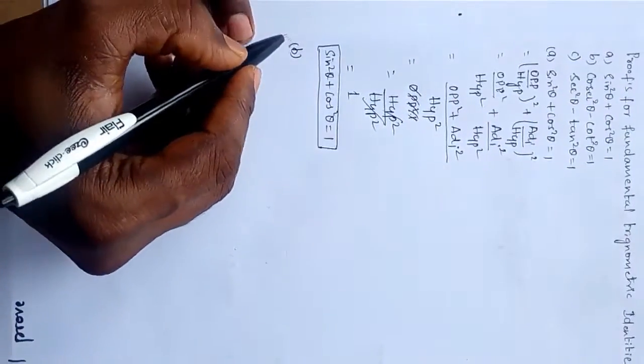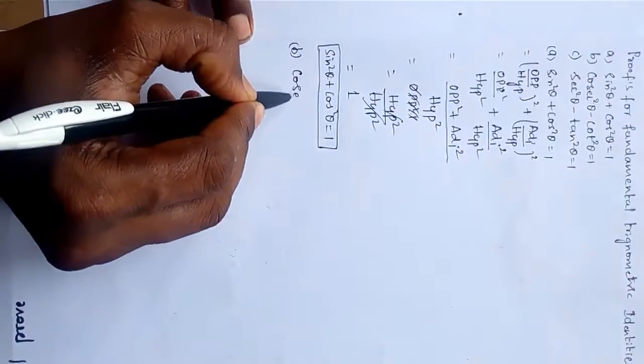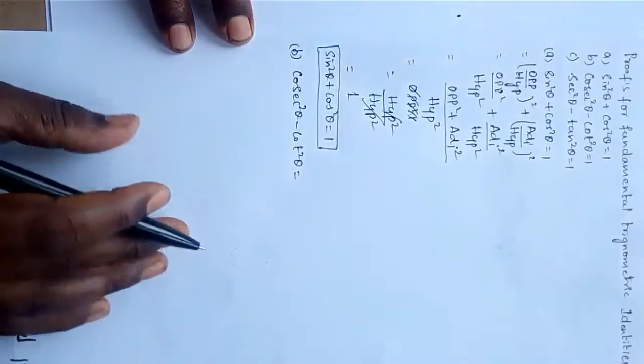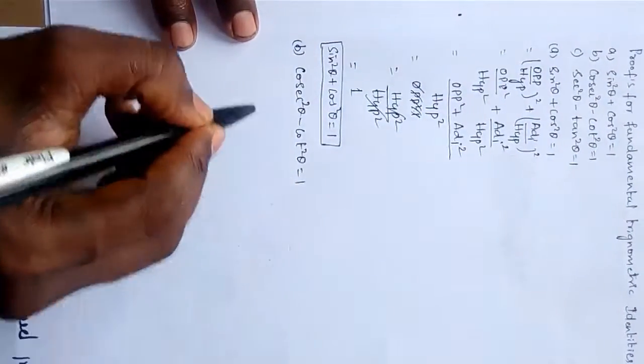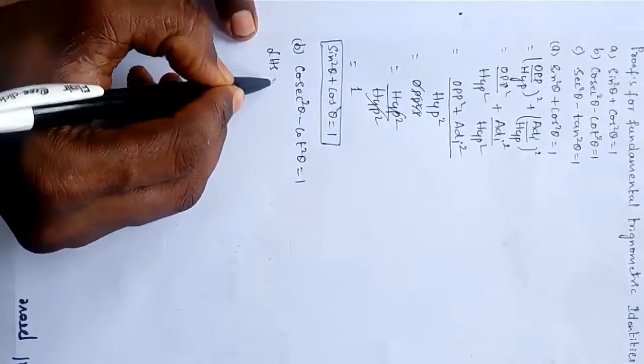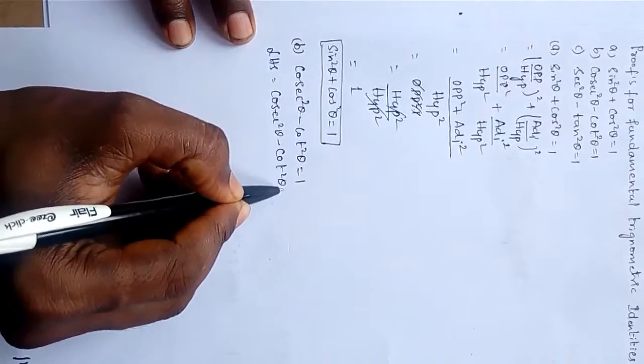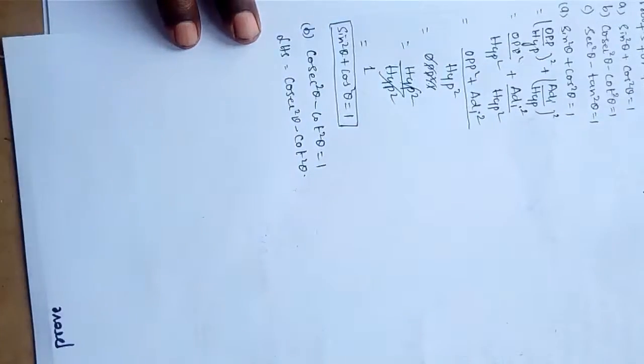B. Okay. So cosecant square theta minus cot square theta is equal to 1. Taking the LHS, cosecant square theta minus cot square theta. Here we already know cosecant is the reciprocal of sine.